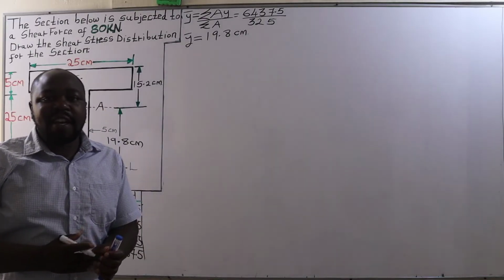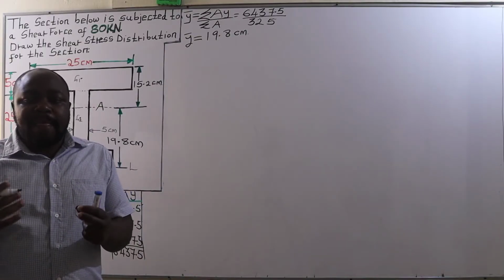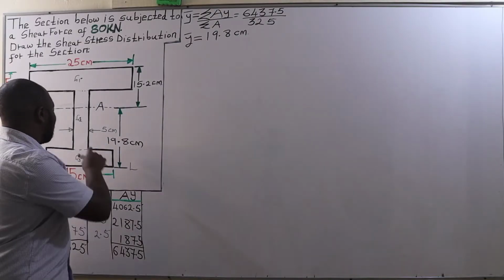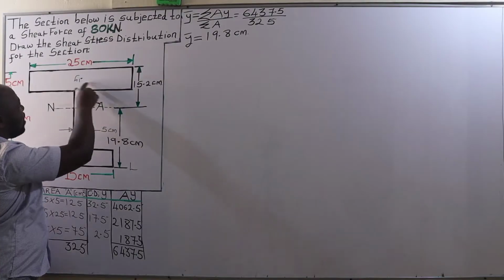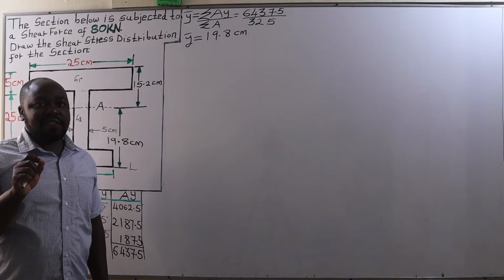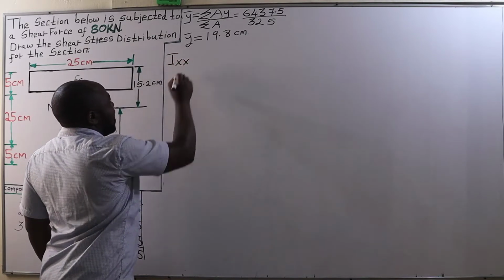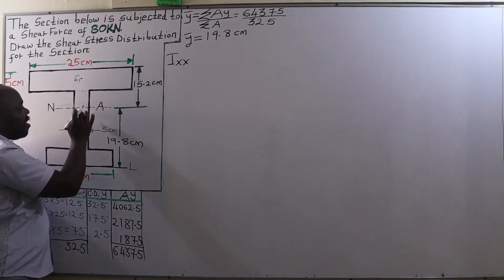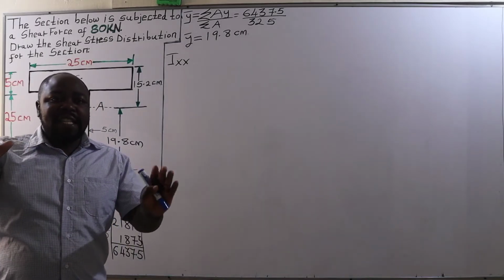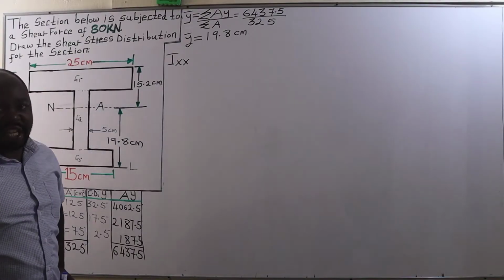Now, after locating the position of the neutral axis, the next thing will be determining the moment of inertia about the neutral axis of this I-beam section. For us to get it, we are going to add the moment of inertia of these three components about the neutral axis, which will give us the moment of inertia of this I-beam cross section.